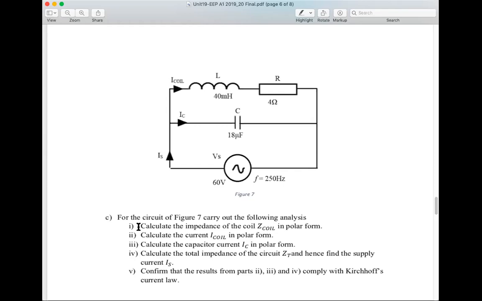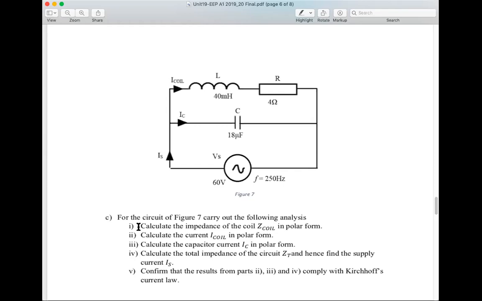I'll work my way through it. Part 3, if you calculate the capacitive reactance, XC, you can then again use Ohm's law with the applied 60 volts to calculate the capacitive current, IC.